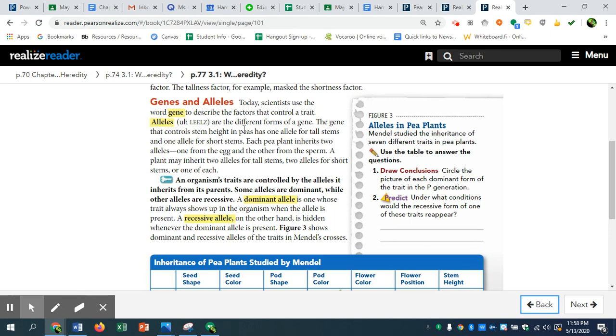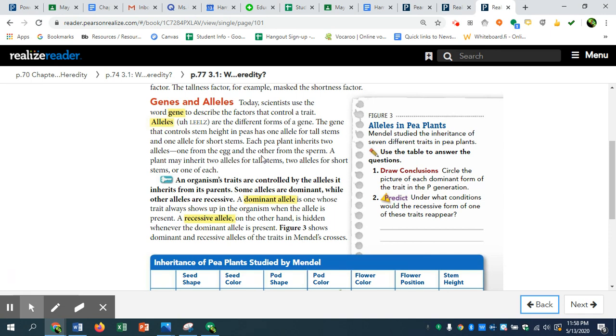Now, alleles are different forms of that gene. There's a gene for eye color. The different forms of that gene would be a blue eye allele, a gray eye allele, a green eye allele, a brown eye allele. There's different kinds of those genes, and those are called alleles.